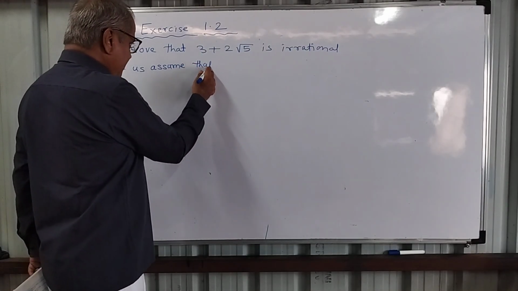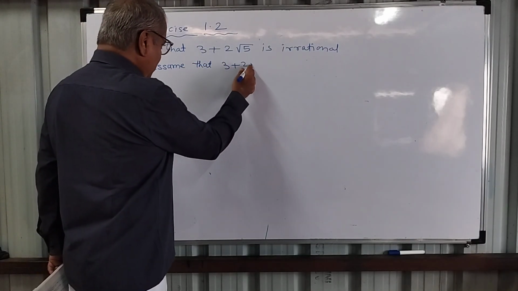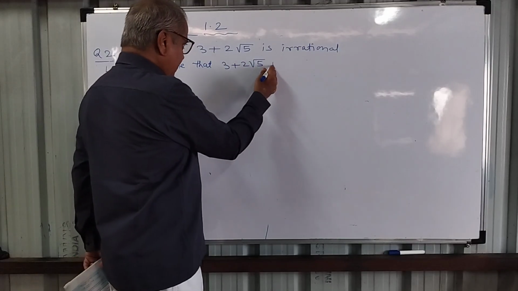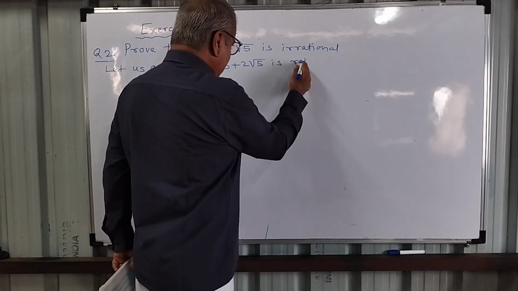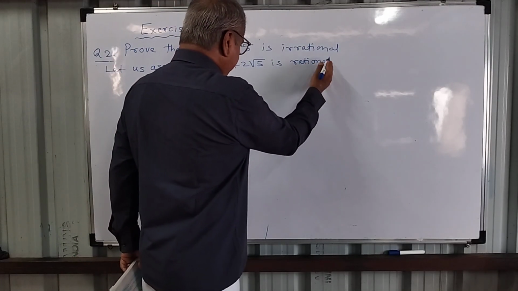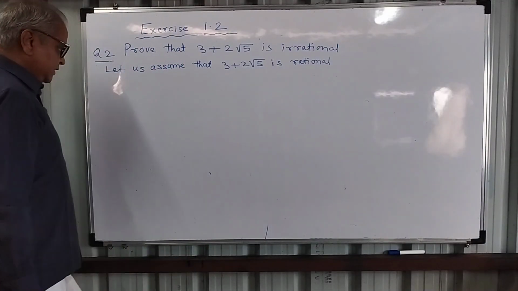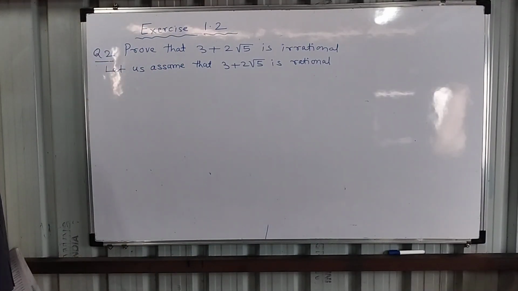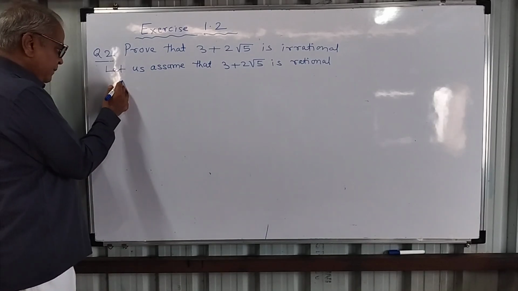Assume that 3 + 2√5 is rational. Now as it is rational, we can apply the definition. It can be expressed in terms of a upon b.